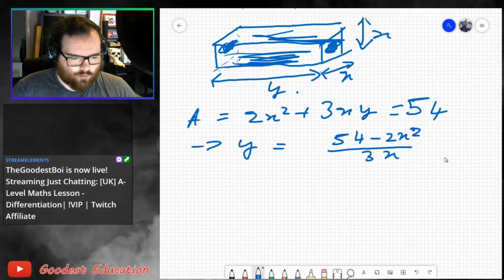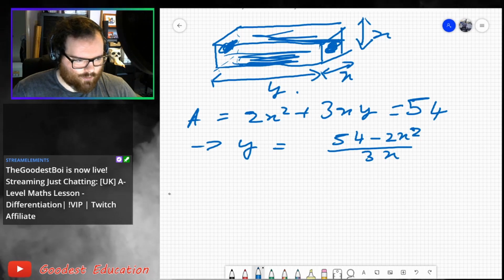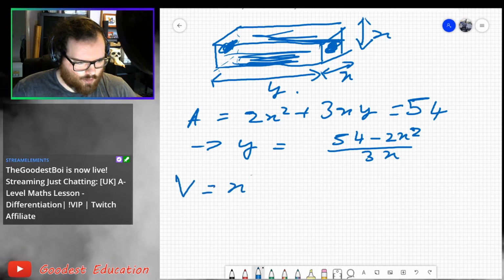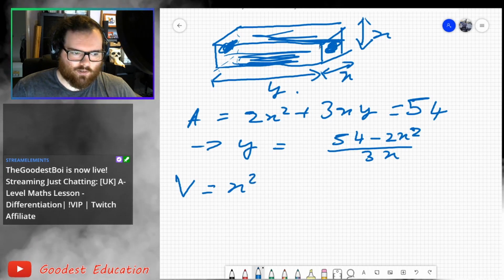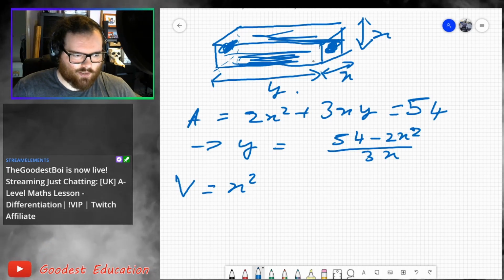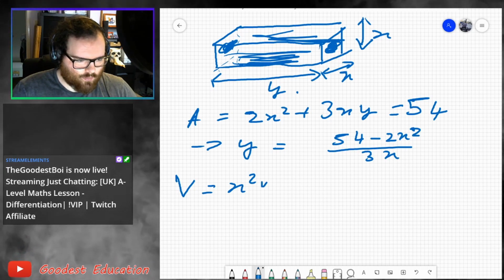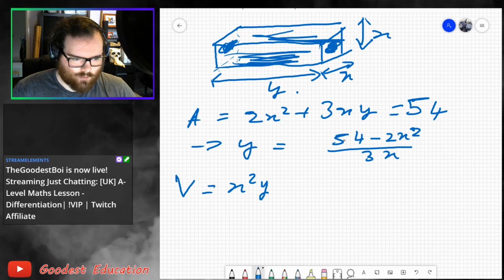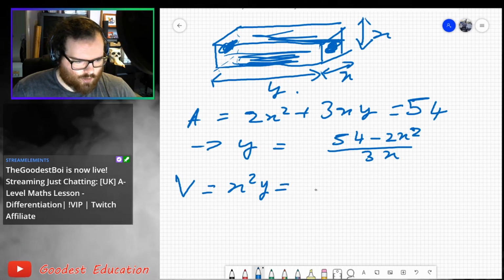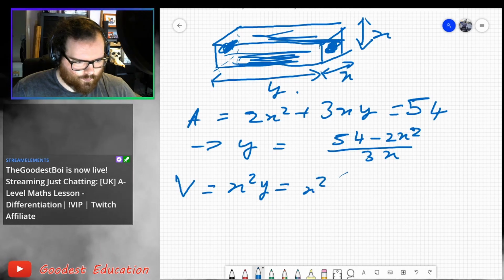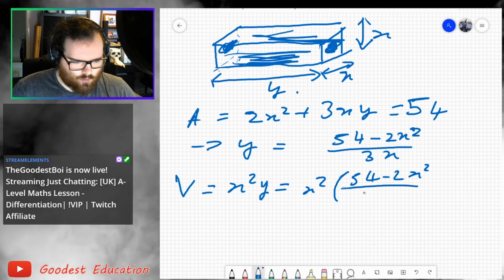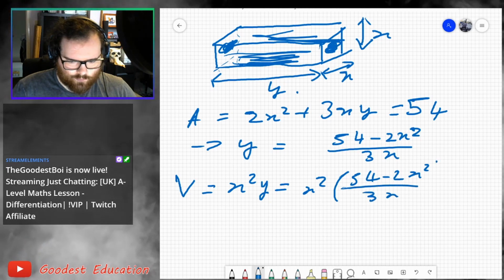And the volume of this tank is going to be x squared, because it's the area of this end face, and then times it by y to get the volume. And we know y, because we just worked it out from the total area. So this is going to be x squared times 54 minus 2x squared all over 3x.